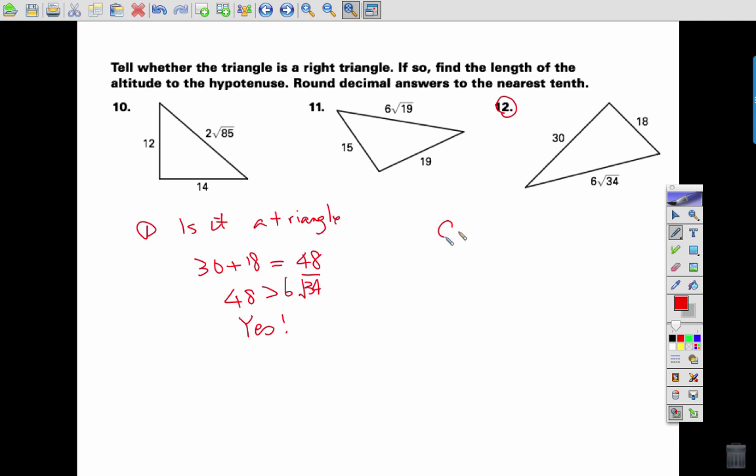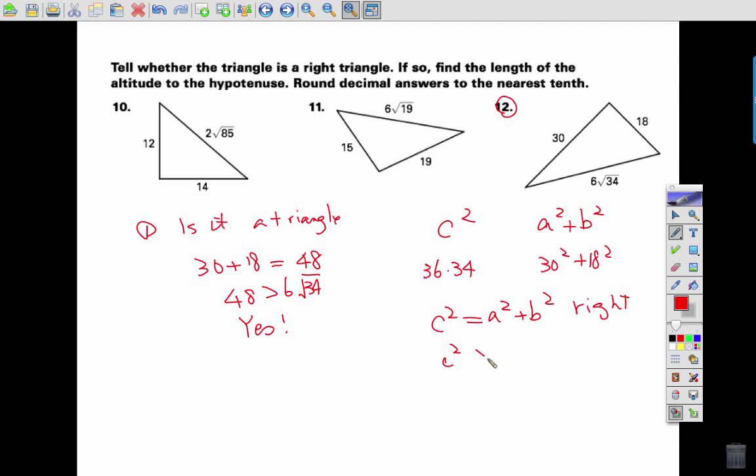c squared is equal, greater or less than a squared plus b squared. So c squared is 36 times 34, a squared is 30 squared, b squared is 18 squared. So do your math and remember, if c squared comes out to be exactly the same, I have a right triangle.